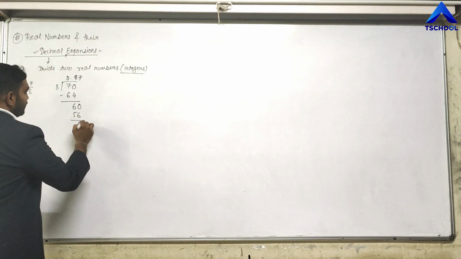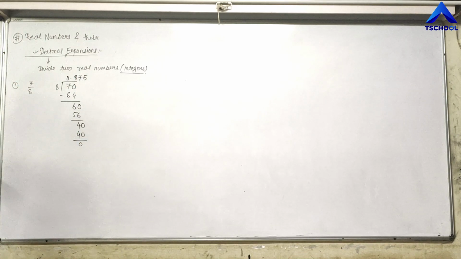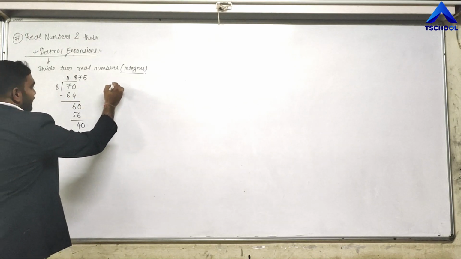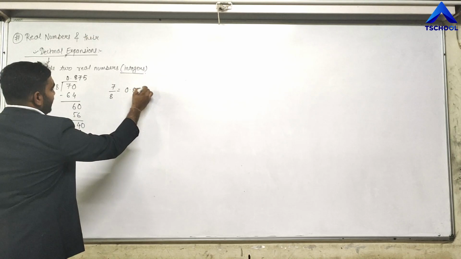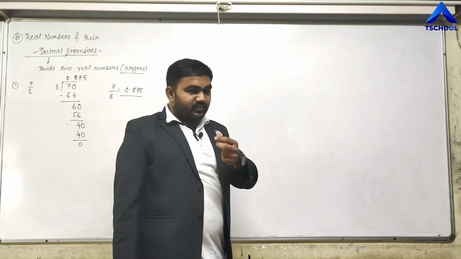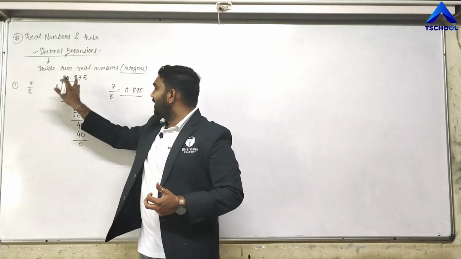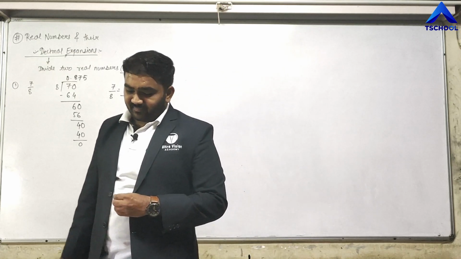And if I put a 0 again, that is 8 into 5, 40, right, with a remainder 0. So finally we can write 7 upon 8 in decimals, that is 0.875, right? So that means when I divide two real numbers, if I divide 7 by 8, I shall get a decimal expansion of this, that is 0.875, right?